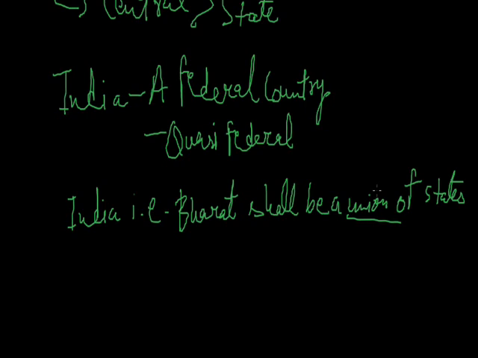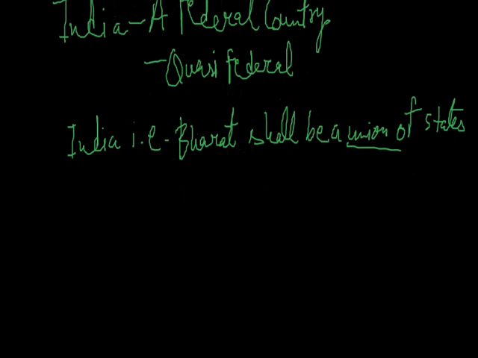Now, if we talk about the features of a federal government, then these are the following features. Division of powers. Division of powers means the powers are divided between the central government and the state government.